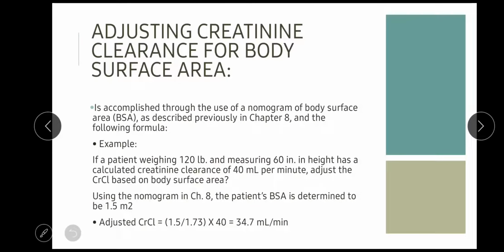Then, adjusting creatinine clearance for body surface area. It is accomplished through the use of nomogram of body surface area. Example natin for adjusting creatinine clearance for body surface area: if a patient weighing 120 pounds and measuring 60 inches in height has calculated creatinine clearance of 40 ml per minute, adjust the creatinine clearance based on the body surface area.